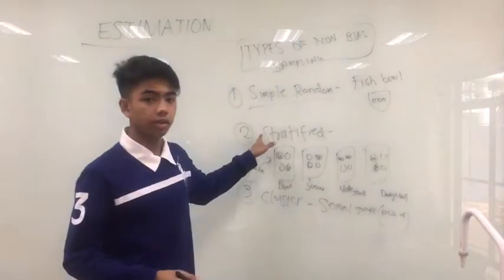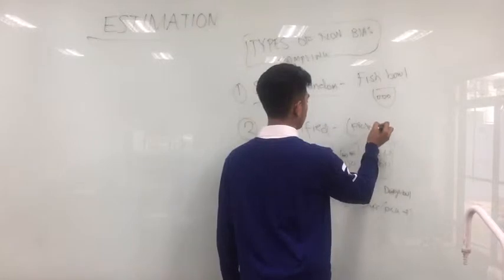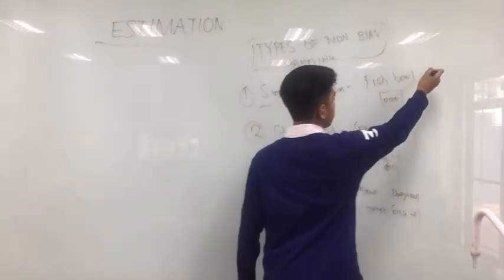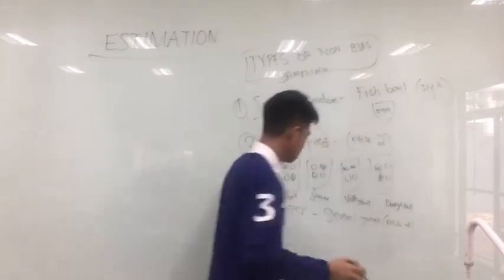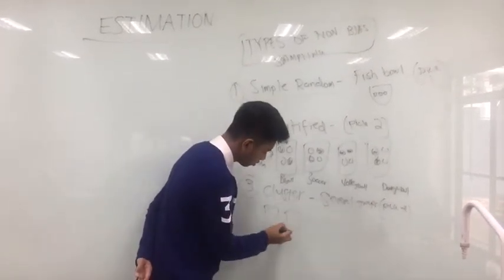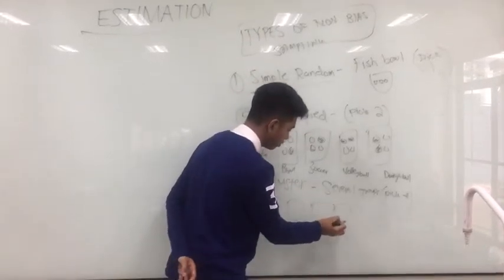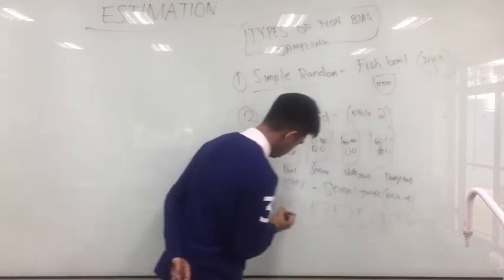Once again, in stratified, you only pick 2. And in the fishbowl, you pick 1 each turn. So cluster is several groups: 1, 2, 3, 4, 5, 6, 7.